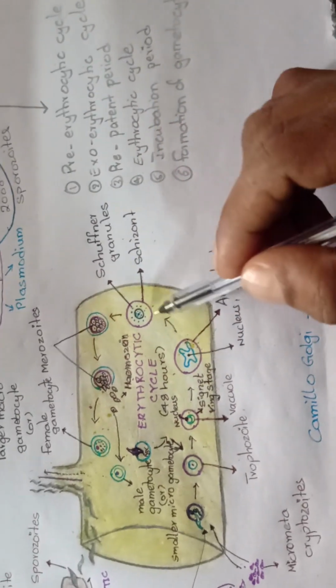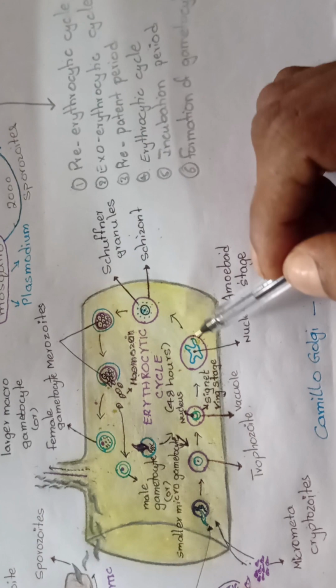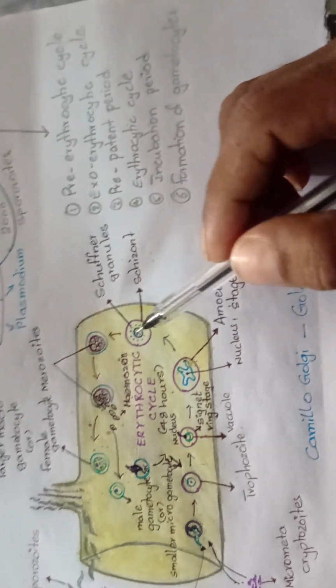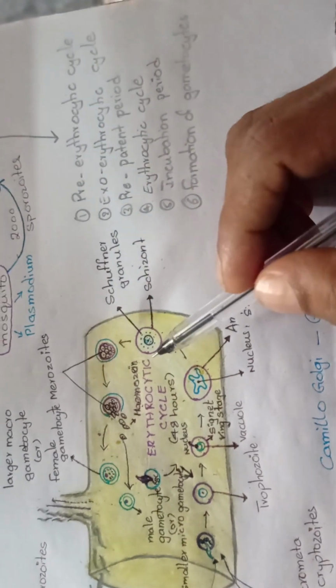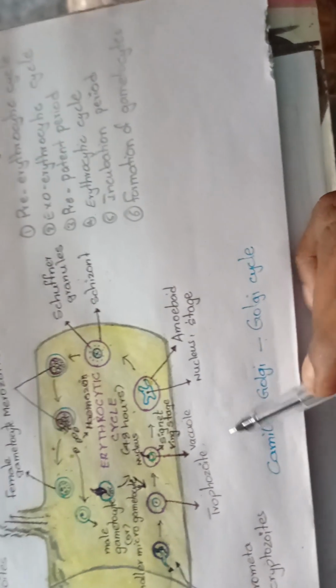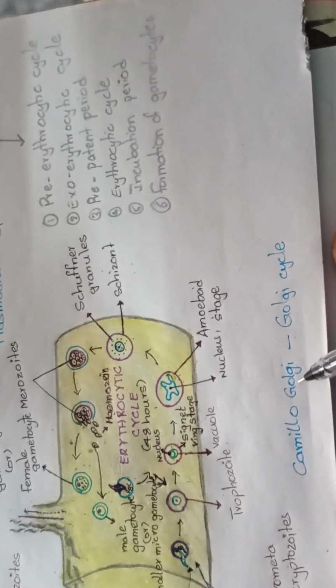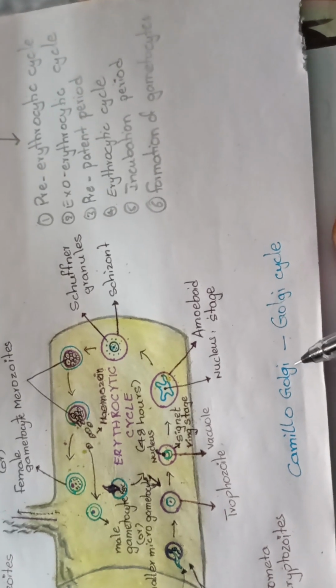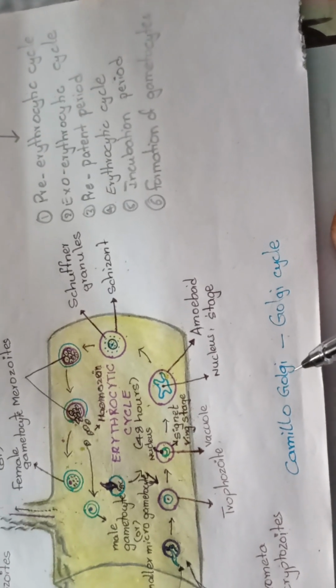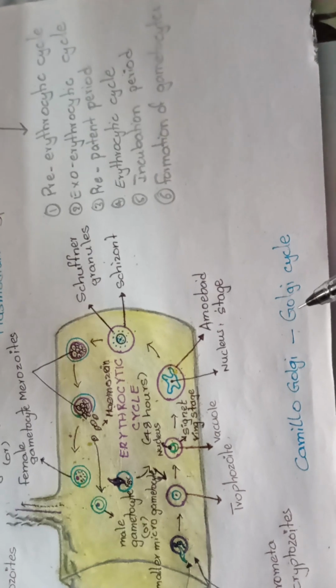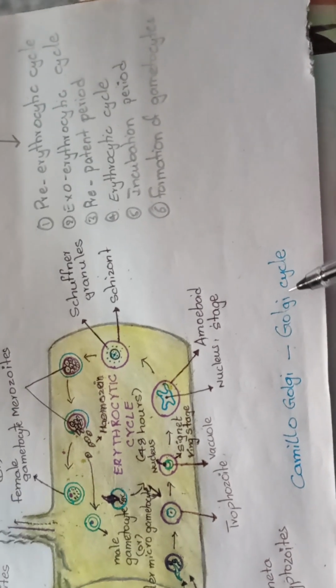This erythrocytic cycle is also called the Golgi cycle, because it was discovered by the scientist Camillo Golgi. So it is called the Golgi cycle.